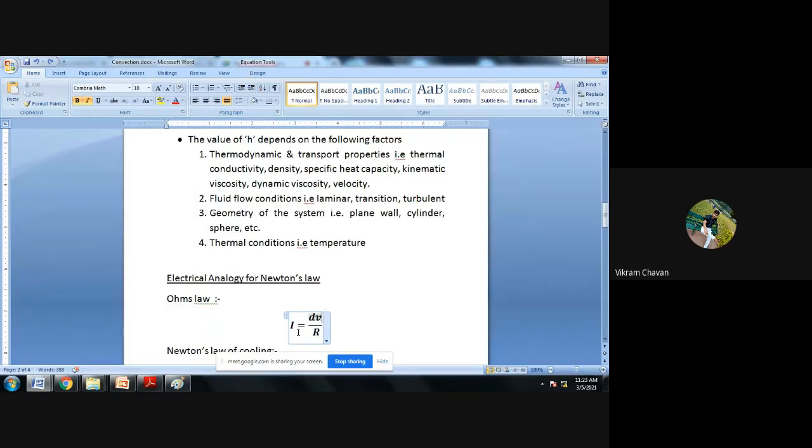This flow of current is resisted by the resistance offered by that particular circuit, which opposes the flow of electric current. So I is the electric current flowing through the circuit, dV is the potential difference, and R is the resistance offered for the flow of electric current. So I is equal to dV divided by R.